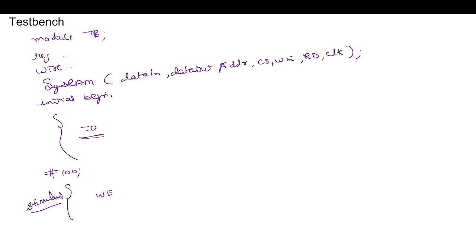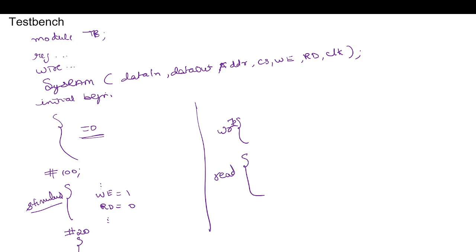Say WE is 1, RD is 0. After 20, similarly. So you can first write something to the memory and then read something from it.